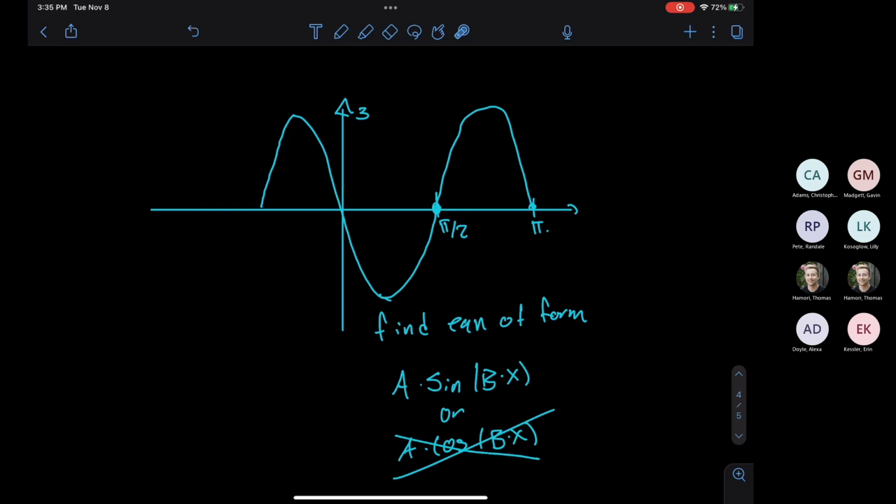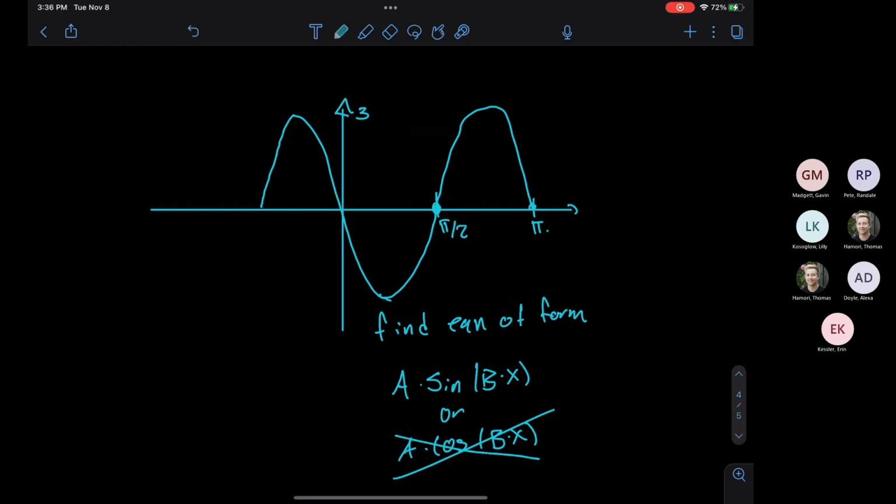But there's something else that happened here, funny. Besides the vertical stretch, what else happened? The normal graph of sine looks like this. So besides the fact that we stretched by a factor of 3, what else did we do? We reflected it across the x-axis.